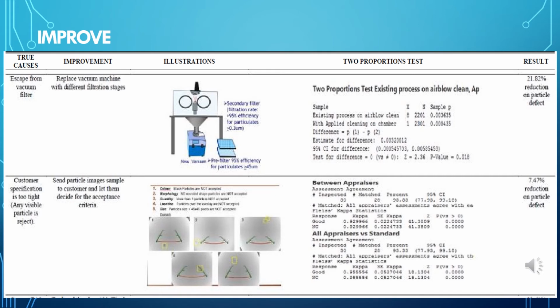For the improvement done here, send particle image samples to the customer and let them decide on the acceptance criteria. With the help of the customer, they can identify and lower the criteria for the particle defect.